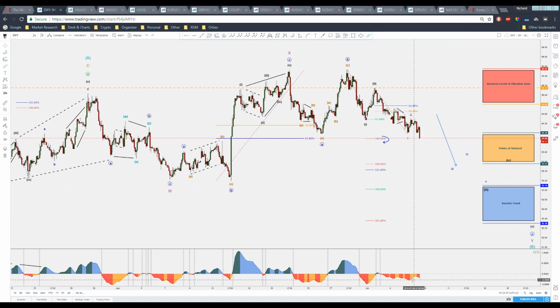So it could actually do this, right? And then cause a bullish divergence right here, and then possibly return. Now, short-term wise, this is indeed a bit bearish, if you would ask me.